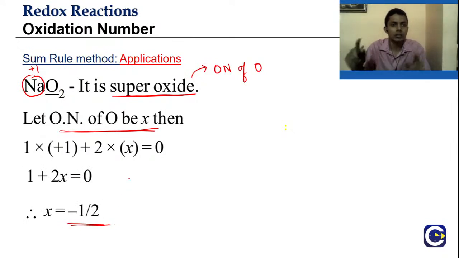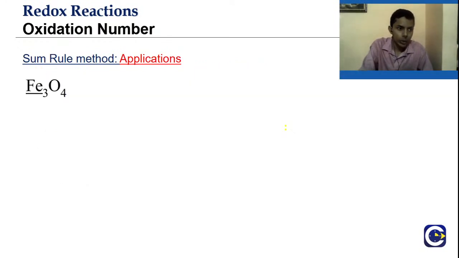So you can add this to the previous rules of oxidation number. The oxidation number of oxygen in superoxide will be equal to -1. Now we got to know about that. Next, try out Fe3O4.